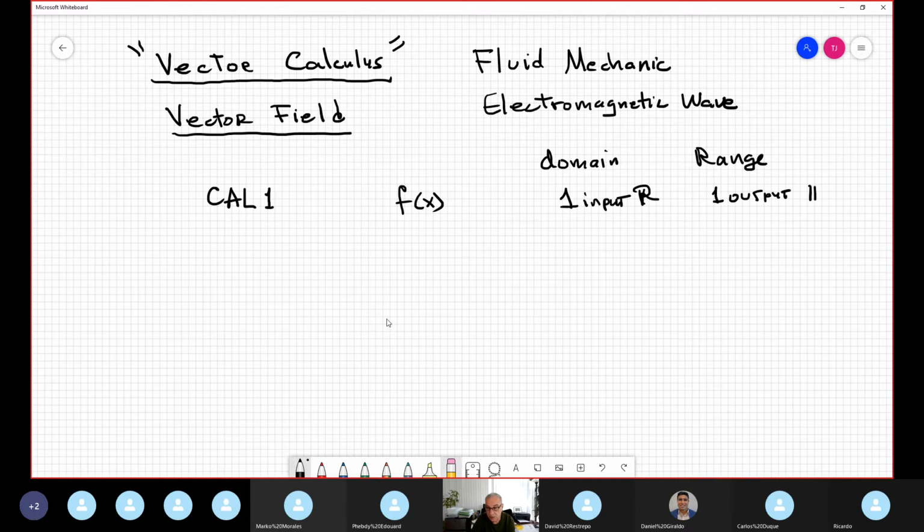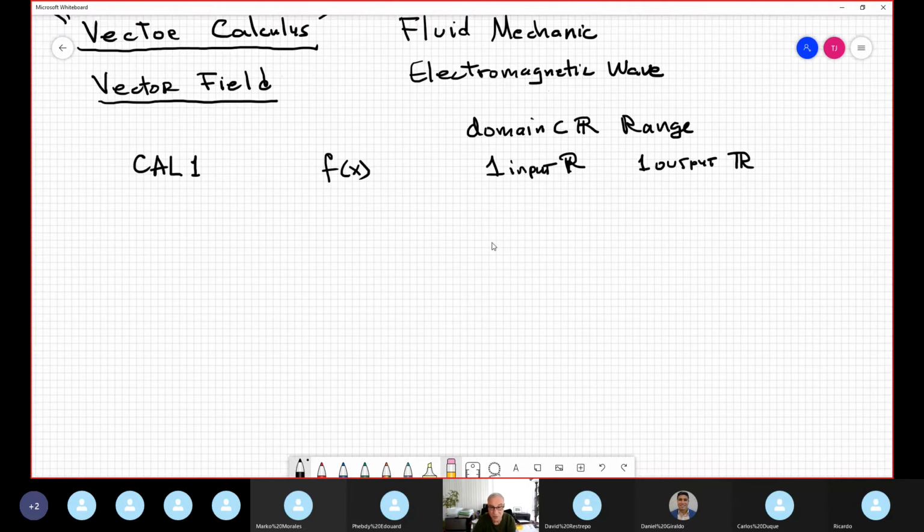The domain, in general, is a subset of R. This is the interesting part in college algebra: find the domain. The supposition is all real numbers, and so you find restrictions. This is Cal 1, single variable, one input, one output.